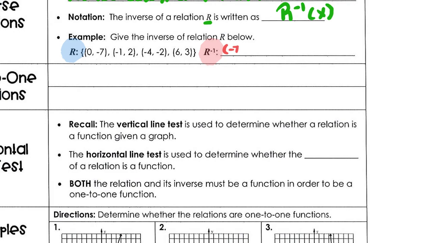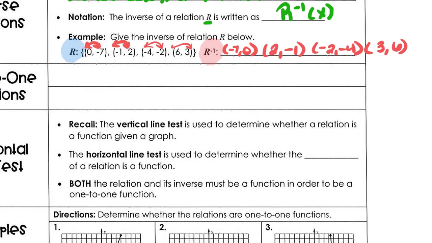If I had -1, 2, and I reversed them, it would become 2, -1, and so on. Then -2, -4, and 3, 6. So it's essentially taking your x, y values and switching them. We can switch those ordered pairs and you get the inverses that we see here.